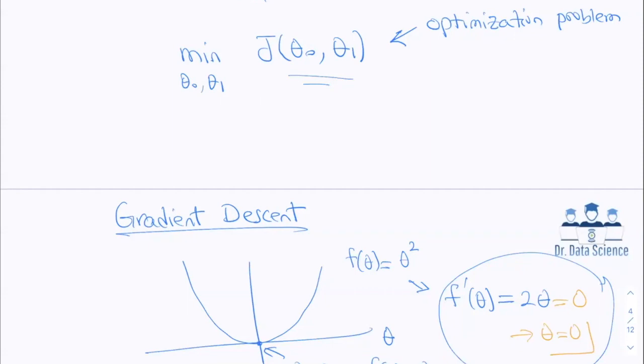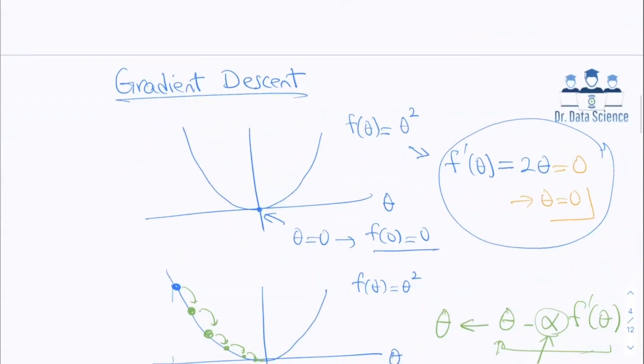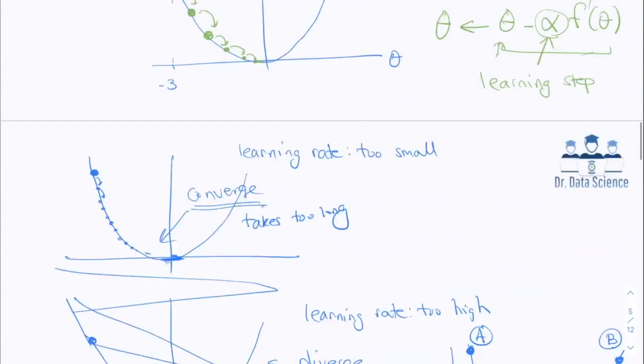If we have more than one variable, like here we have two variables, then we have something called the gradient, which is the generalization of the derivative to multivariable functions. And that's why we call this method gradient descent, because in general, we might have more than one variable.